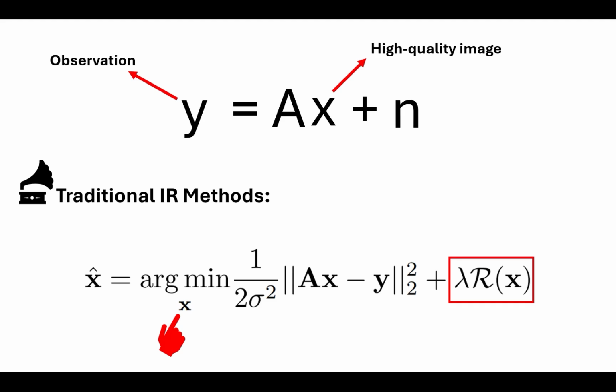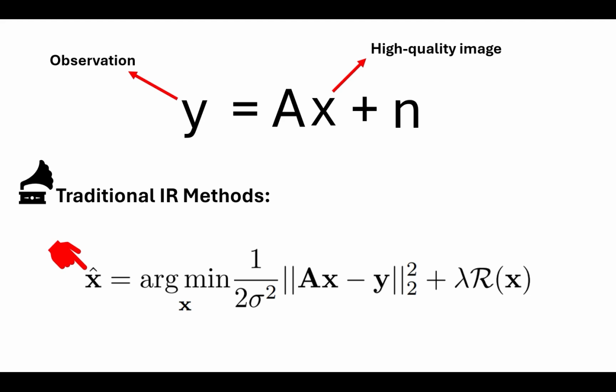So we have this second term as a regularization just to make it more real. We'll see visual examples later in the video, but in a nutshell, we have the second term to mitigate the issue. And people have tried things such as ridge regression, also known as Tikhonov regularization, as the image prior term. And finally, we have our estimated high quality image X hat.